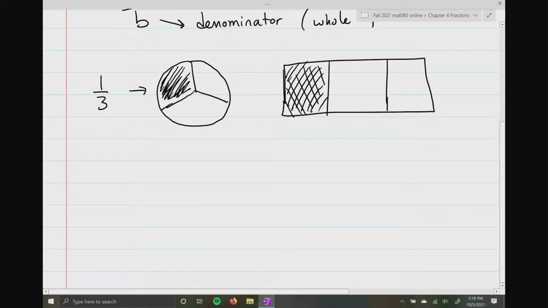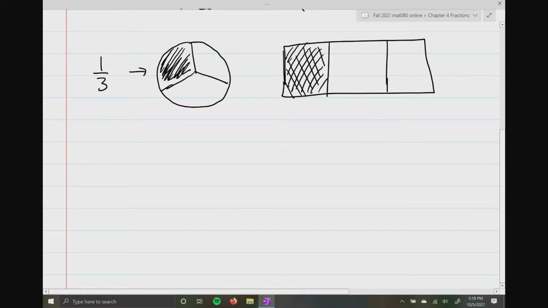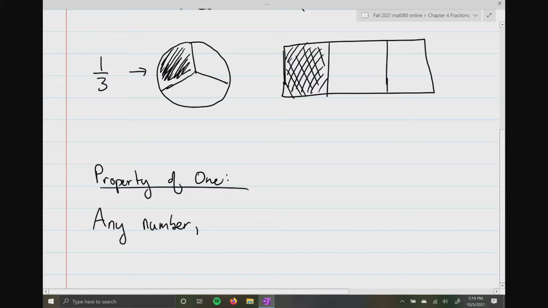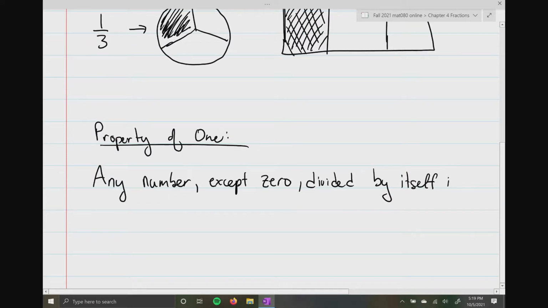Now, there is one property that I want to go over, and it's called the property of 1. All right. This property of 1 basically says this: any number except 0 divided by itself is 1.